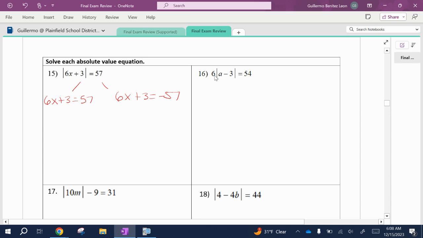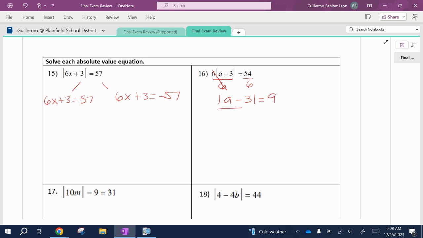Because I cannot make my two cases until I get rid of the 6. 6 is being multiplied with the absolute value. So to get rid of multiplication, I'm actually going to divide. What I do on one side, I do to the other. That leaves me with a minus 3 in absolute value bars equals 9.